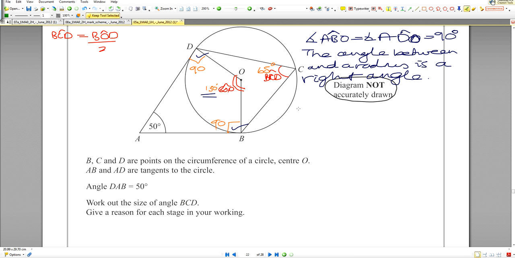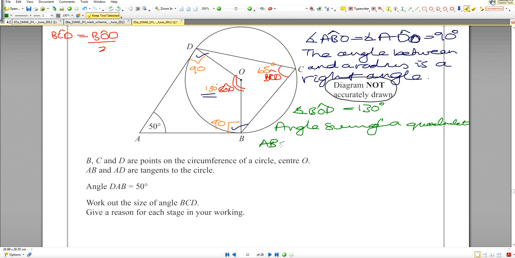We say now, angle BOD is equal to 130. And why is it equal to 130? So we say here, angle sum of a quadrilateral. What quadrilateral?